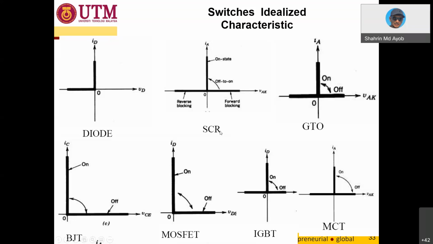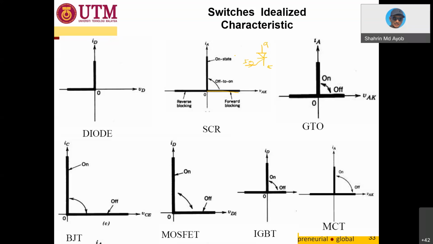And this is for the SCR. Okay, so for the SCR, as you can see here, we have forward blocking, meaning that if you don't give IG, the SCR is like this. This one is the anode, this one is the cathode.